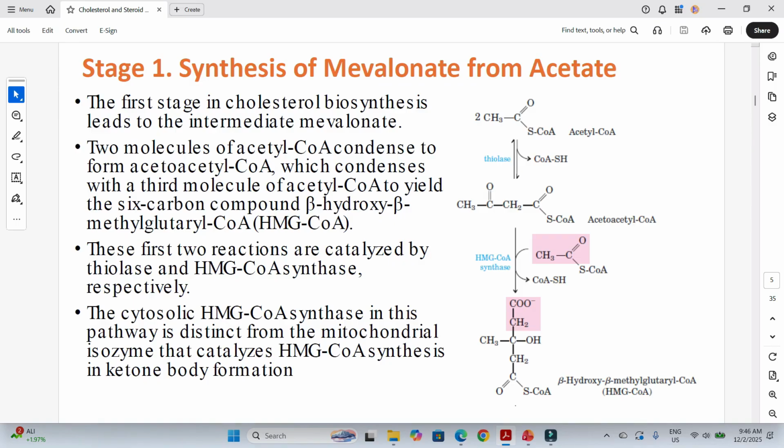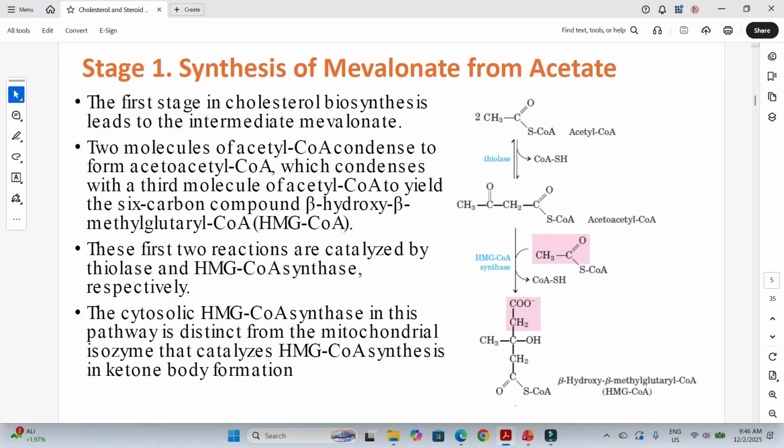Now, the enzyme hydroxymethylglutaryl CoA synthase catalyzes the reaction between another molecule of acetyl-CoA and acetoacetyl-CoA. What happens in this case is, if you notice, this is not a Claisen condensation, this is actually an aldol addition reaction, in which this methyl group has been deprotonated and acts as a nucleophile that attacks this carbon atom of the carbonyl group to produce beta-hydroxy-beta-methylglutaryl CoA as intermediate.